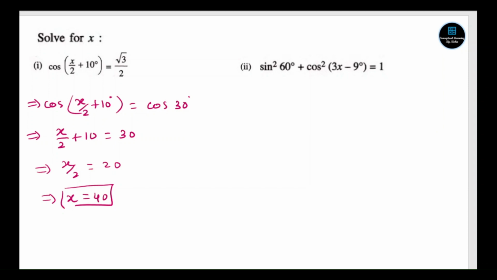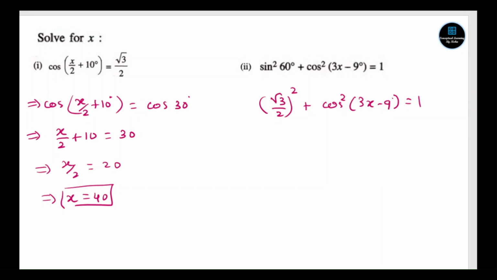Now let's solve the second one. Now sin 60 degree is square root 3 over 2. So I'll just put this value and the square is there. Now cos square (3x minus 9) degree equals 1. See, here we don't know the identity as of now. We haven't learned that.